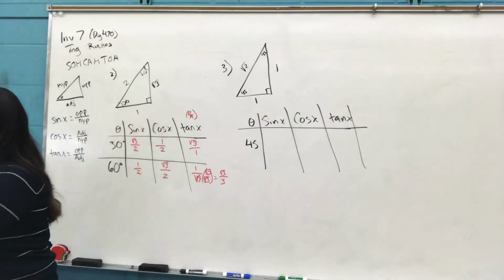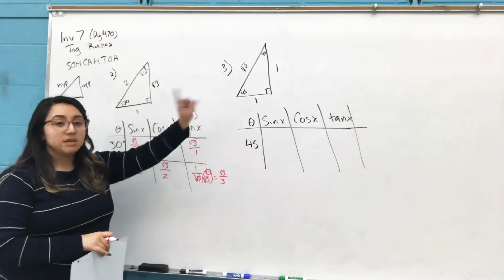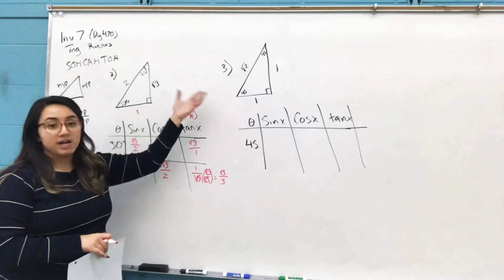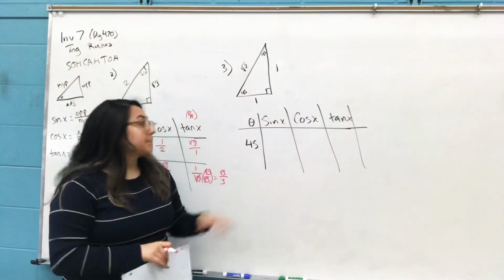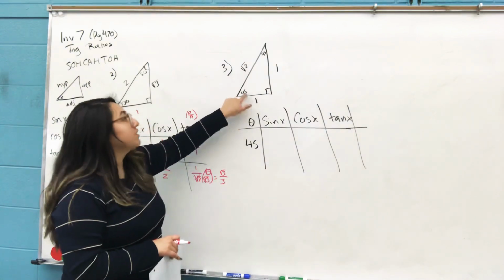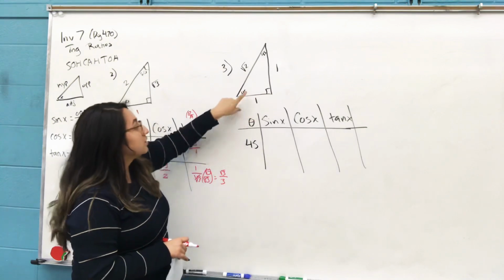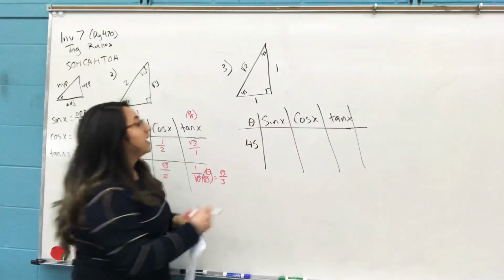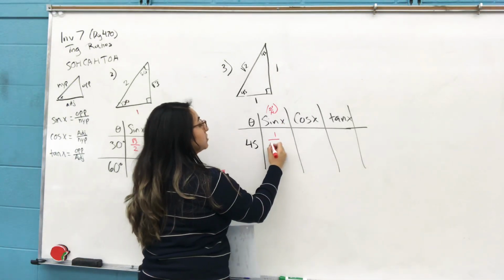Next, we have the 45, 45, 90 triangle. The sides are 1 and the hypotenuse is radical 2. Here we're going to find the sine, the cosine, and the tangent of each one. Sine is opposite over hypotenuse. It doesn't matter which angle you focus on because it's the same measurement. The opposite side is 1, the hypotenuse is radical 2.